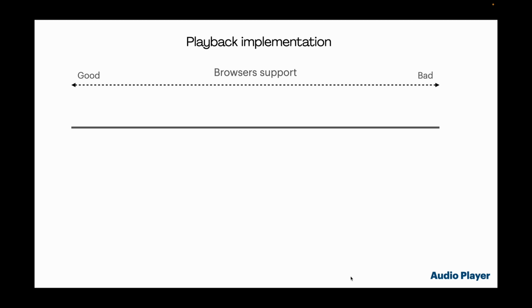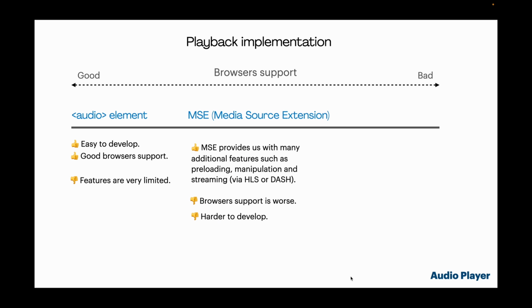Let's look at the comparison. We begin from the left side. The native audio element is a very basic solution. It's easy to develop and has good browser support. However, it has limited features. Media Source Extensions has many more features, including preloading and streaming via HLS and DASH. However, browser support is less extensive and it requires more resources for development and maintenance.